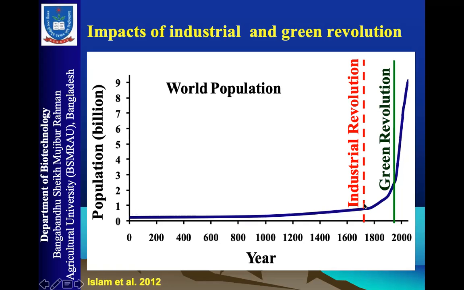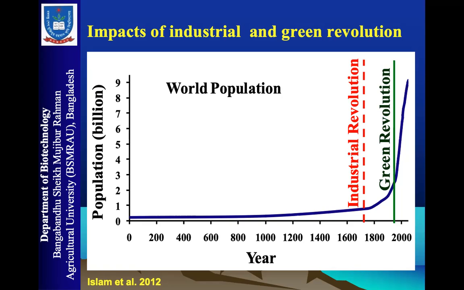But after the industrial revolution in Europe and the green revolution started from Mexico, humans became incredibly powerful, and the human population is increasing this way. Now on this earth, the human population is 7.3 billion, and it is estimated that by the year 2050, it would be 10 billion.